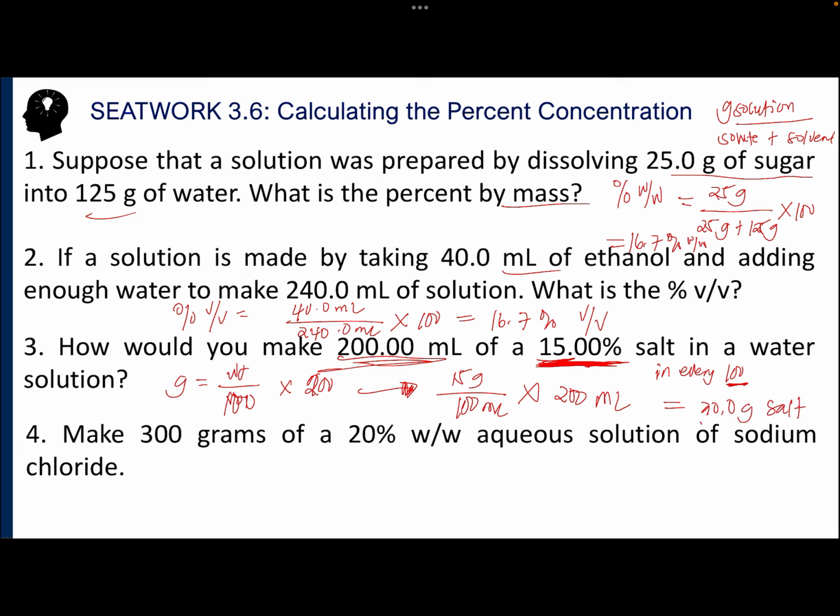So we need 30 grams of salt dissolved in 200 ml to make a 15% solution.